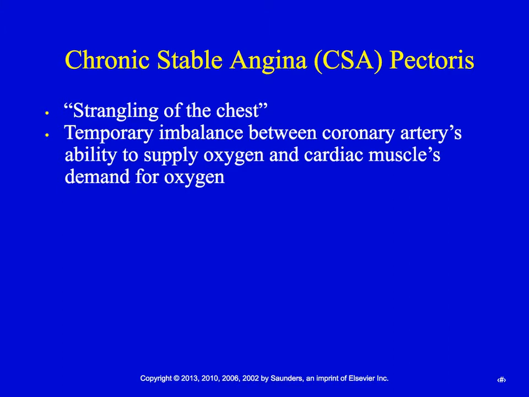Just again, identifying the different terms. Chronic stable angina is the patient that has pain that occurs when there's an imbalance of the supply and demand of oxygen. So it typically happens when they are more active, when they climb a flight of steps, mow the yard, shovel snow, things like that, and it will be relieved by rest.